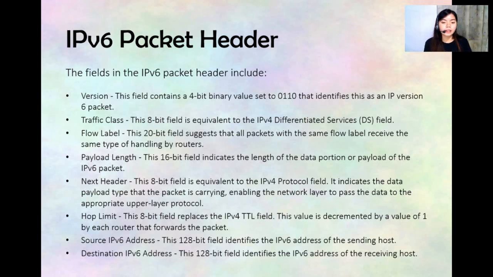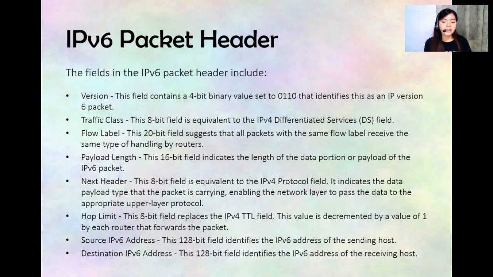Flow label. This 20-bit field suggests that all packets with the same flow label receive the same type of handling by routers. Payload length. This 16-bit field indicates the length of the data portion or payload of the IPv6 packet.